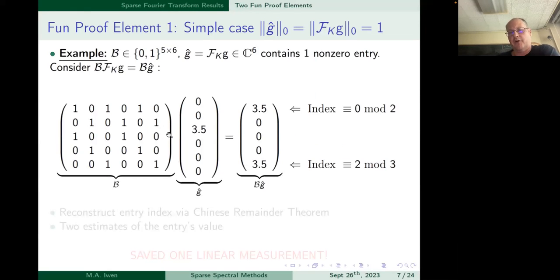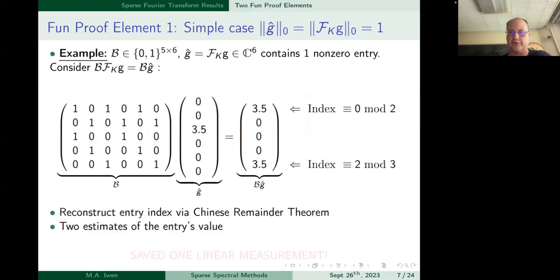If you multiply this matrix by this vector, your resulting measurements are going to be the one non-zero entry repeated twice. And the position where it's repeated will tell you what the original entry was congruent to mod both 2 and 3, which will allow you to determine where the original entry was using the Chinese remainder theorem.